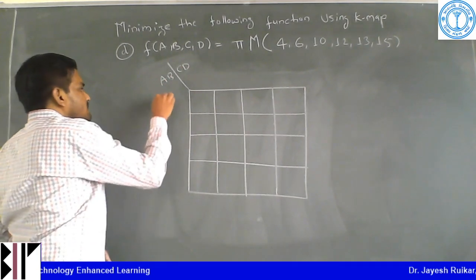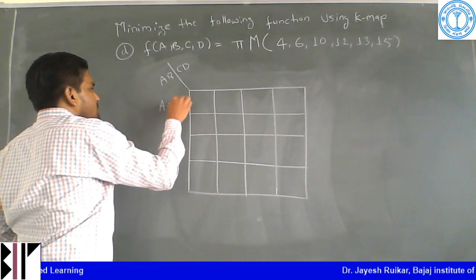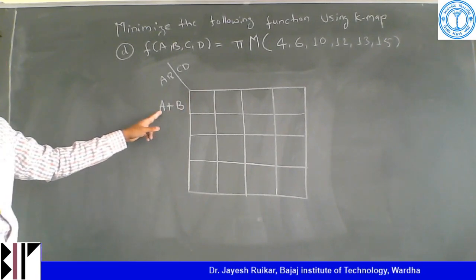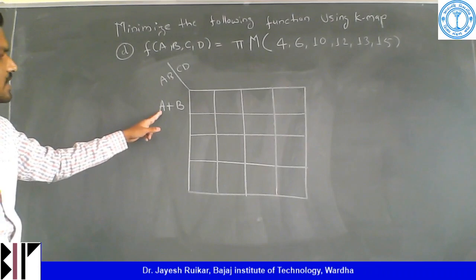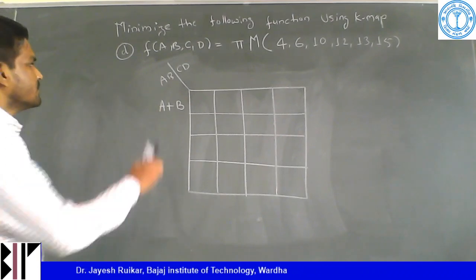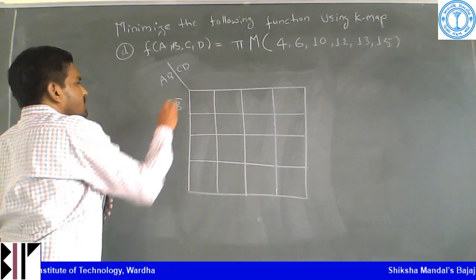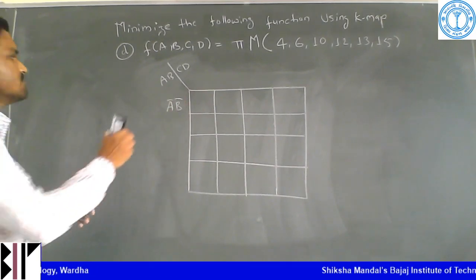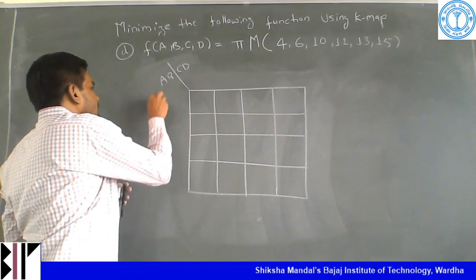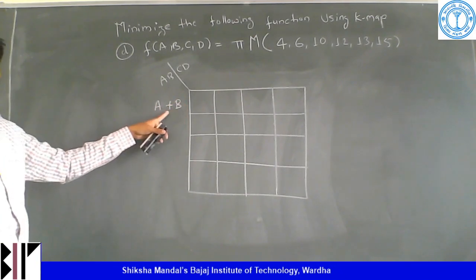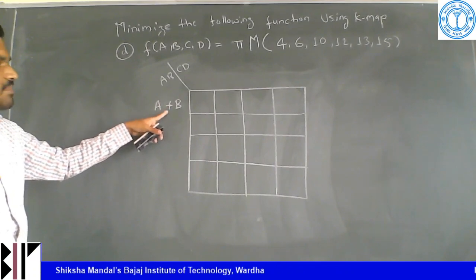So max terms is A plus B. Earlier, in terms of min terms, we wrote A bar dot B bar. Now in terms of max terms, we have to write it as A plus B. Multiplication in terms of min terms becomes plus in terms of max terms.